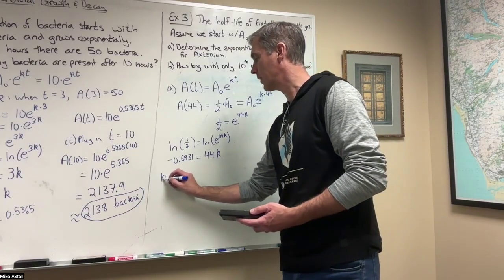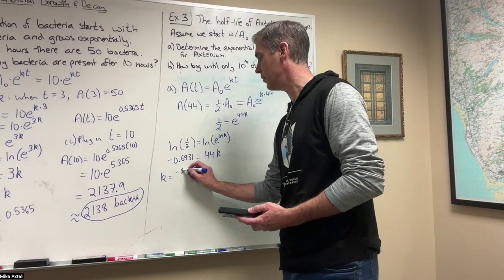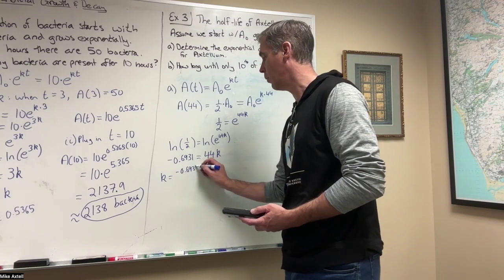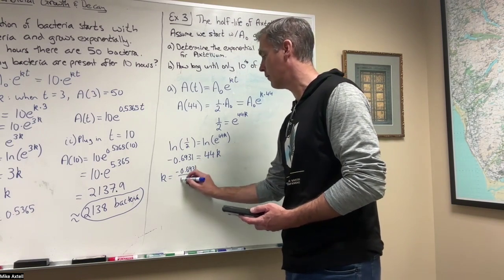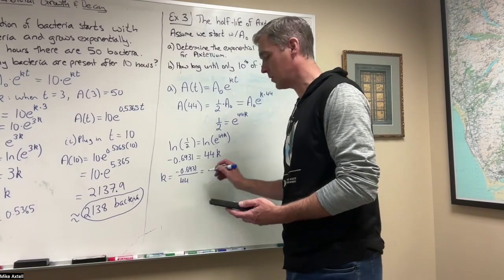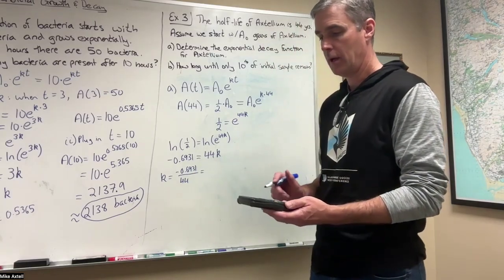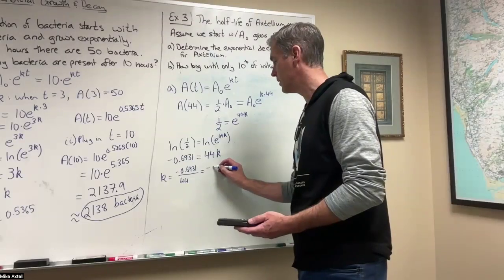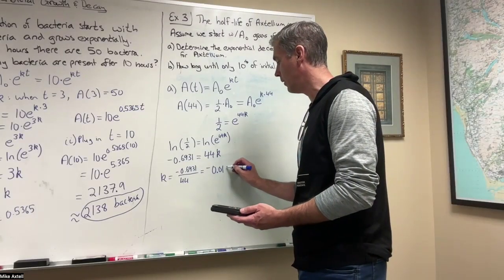So to get the value of k, I take minus 0.6931, and I divide it by 44. And that gives me minus 0.0158.